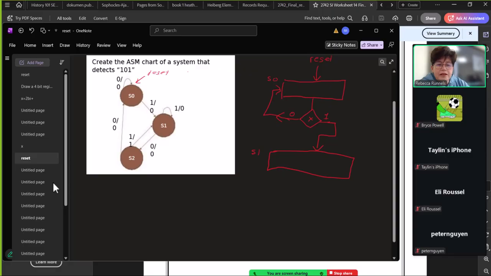Okay, then from S1, we make a decision based on our input. And our input could be 0, could be 1. If our input is 0, we go to S2 with an output of 0.